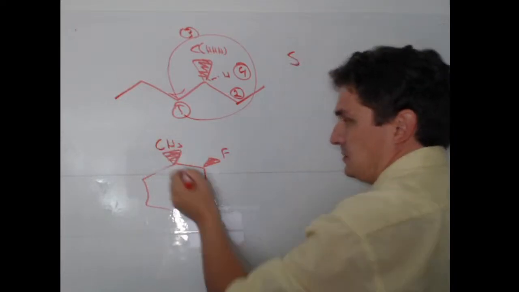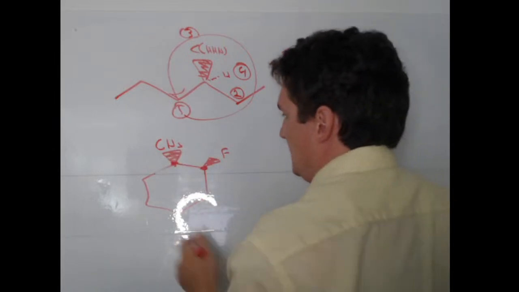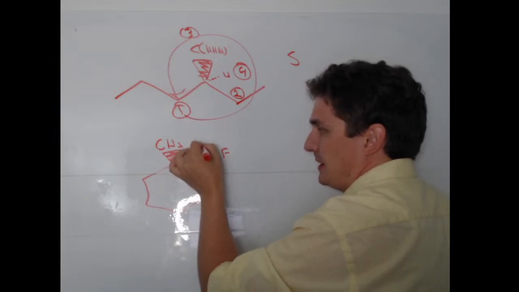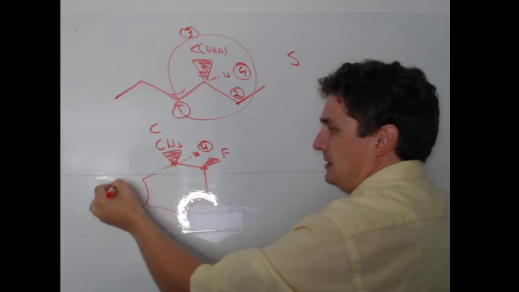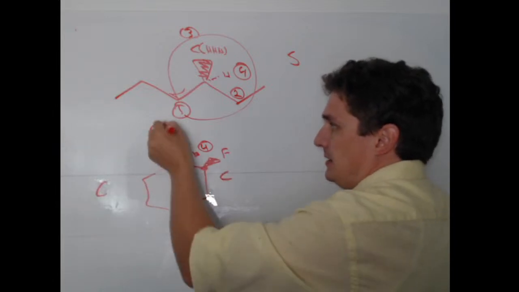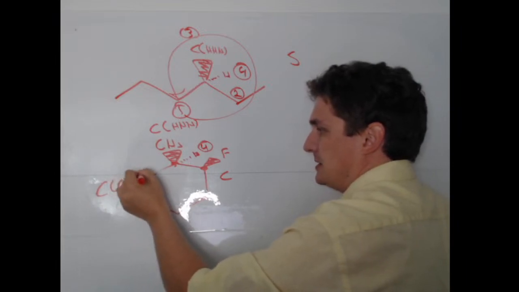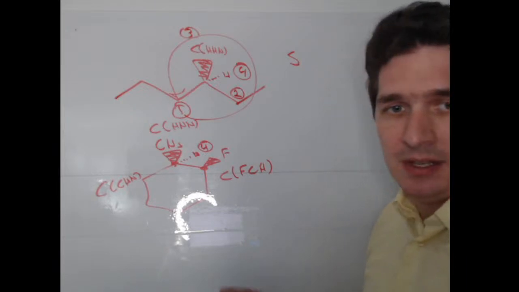Here we've got 2 groups, so we need to look at them individually. If we look at it from this hydrogen's point of view, we have one hydrogen going back, that's the lowest priority. If we look at this one, we've got a carbon, carbon, and a carbon. This carbon is bound to 3 hydrogens. This carbon is bound to a carbon and 2 hydrogens. This carbon is bound to a fluorine, a carbon, and a hydrogen.